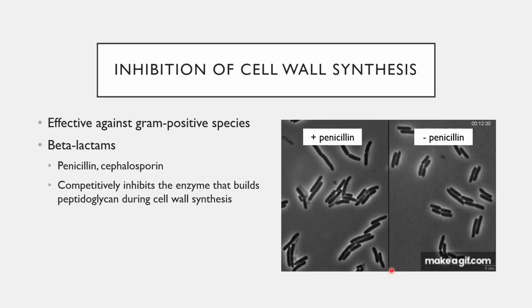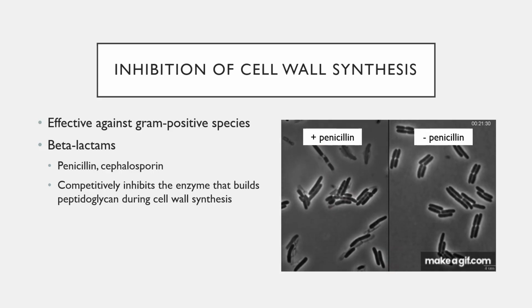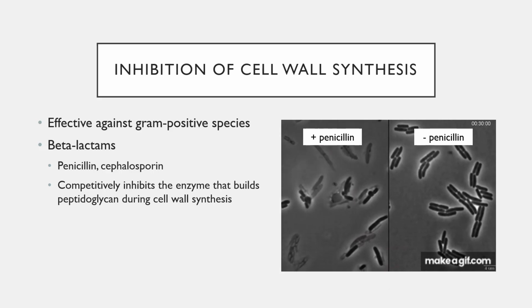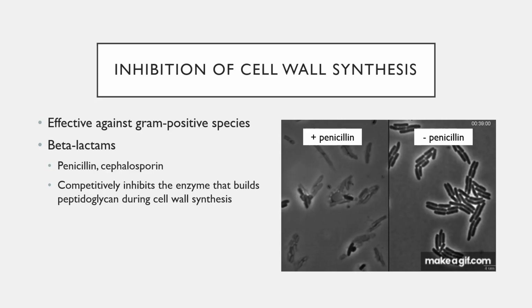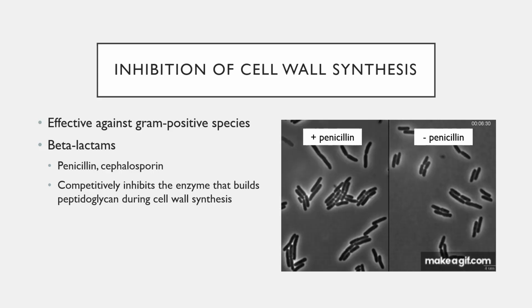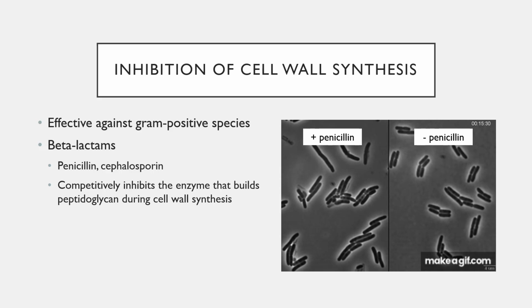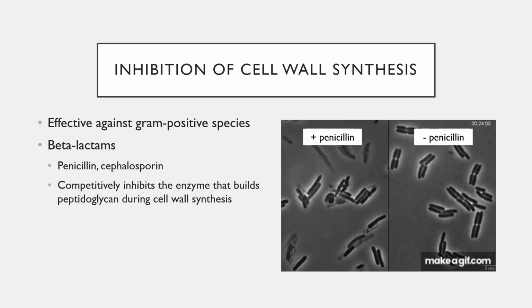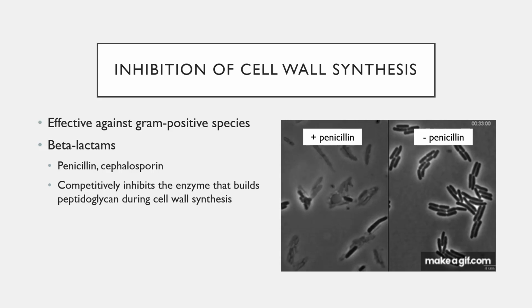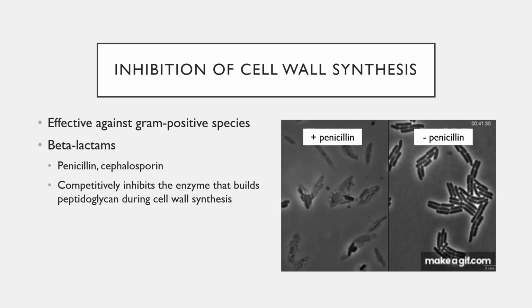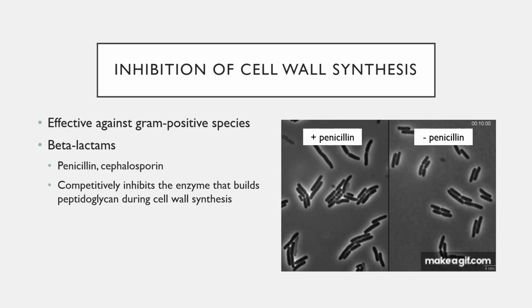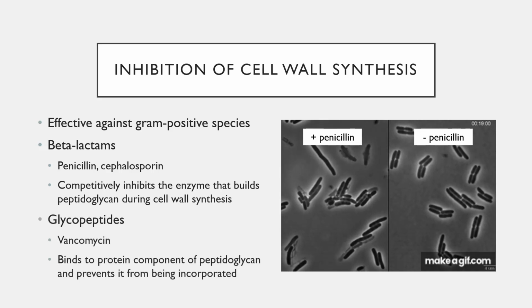That's because as they grow and divide, they are not able to synthesize new cell wall material for the new cells that are produced by binary fission. And so the cells are bursting in response to osmotic pressure because they do not have effective cell walls to protect them.